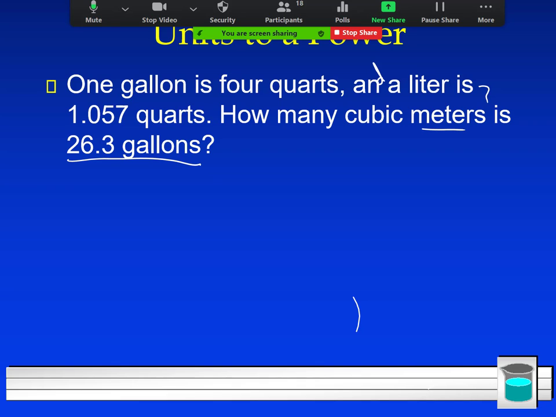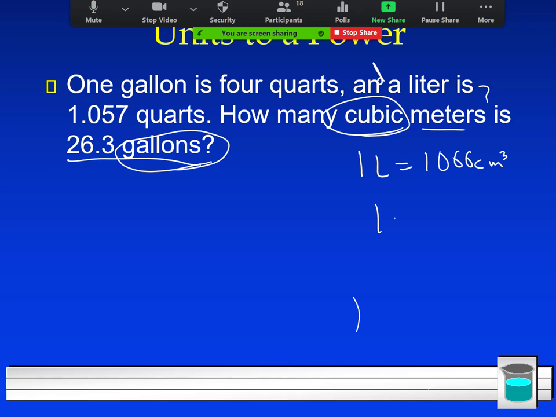Anytime I've got volume that I measure with a measuring cup and volume I measure in cubic, I'm going to need one of these facts. Either 1 liter is 1,000 centimeters cubed, or 1 milliliter is a centimeter cubed. I need one of those two facts. So those facts pop up every time you want to go between things with cubes and things without cubes.